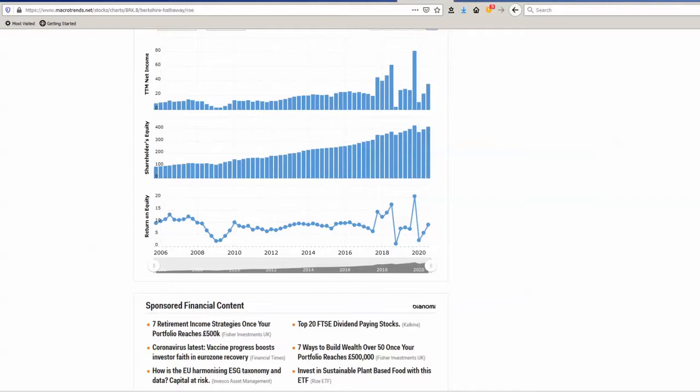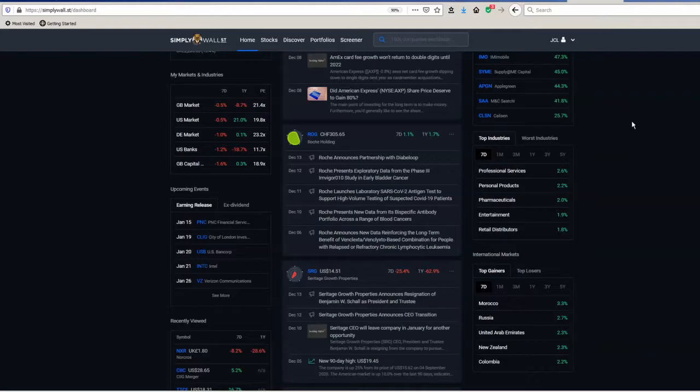I've got a little bonus one for you, which starts off as a free site, and I actually signed up for this as a free site, but I was so impressed with it I actually purchased a subscription, and this is Simply Wall Street. So with Simply Wall Street, you can track your portfolio and you can kind of use it as a hub. So this is showing some of my stocks.